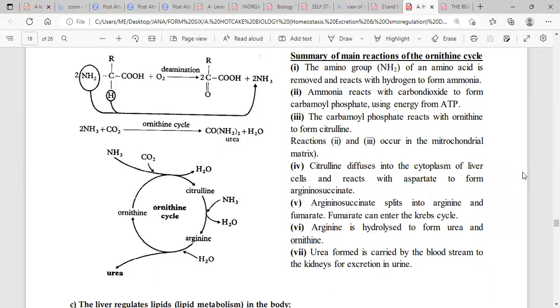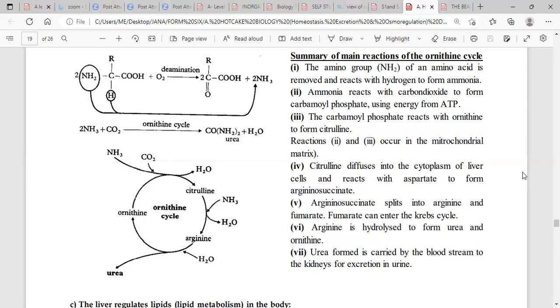argininosuccinate, and this one splits into arginine and fumarate. Fumarate enters the Krebs cycle because it is a 4-carbon compound, resembling fumaric acid in the Krebs cycle after succinate.